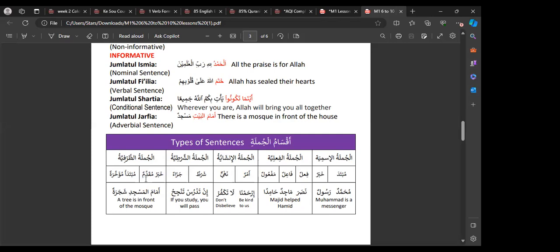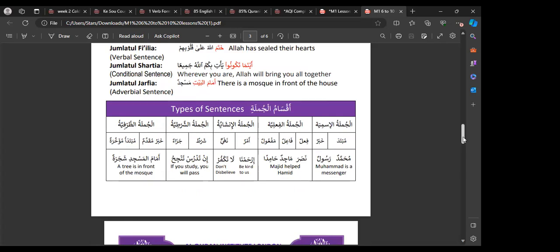So it's a subject that comes later on in the sentence. Amam al-masjidi shajaratun. In front of the masjid, of the mosque, is a tree. So all of these types of sentences we're going to study in much more detail later on, inshallah.